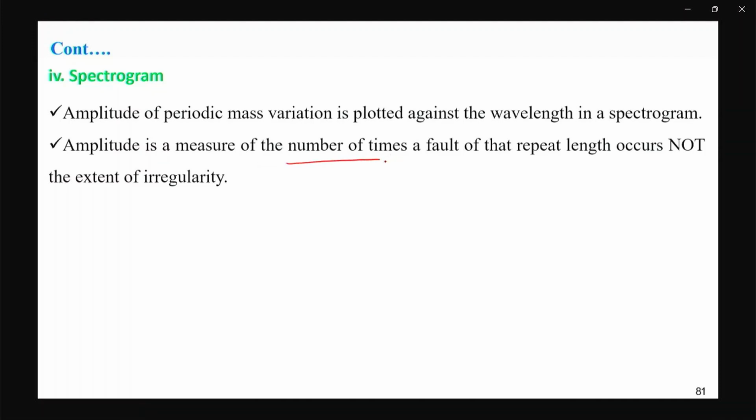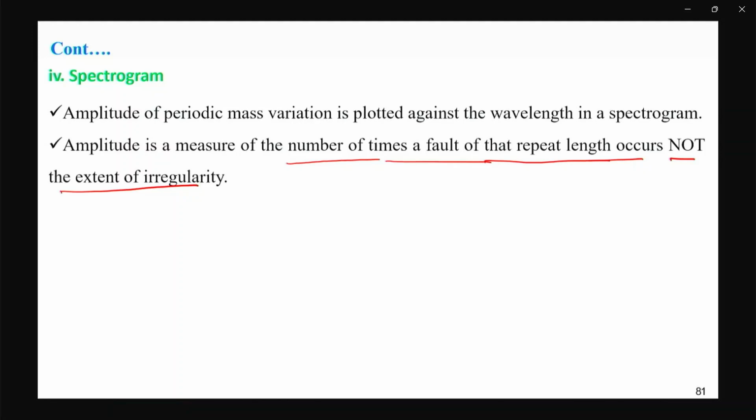So amplitude in a spectrogram doesn't mean the extent of irregularity. It is the number of times a fault of that length occurs. That means the number of irregularities.